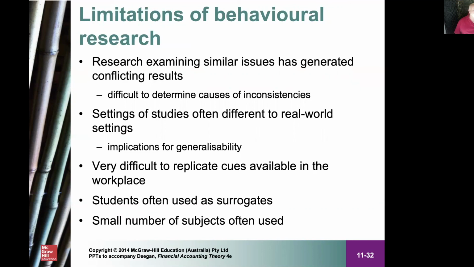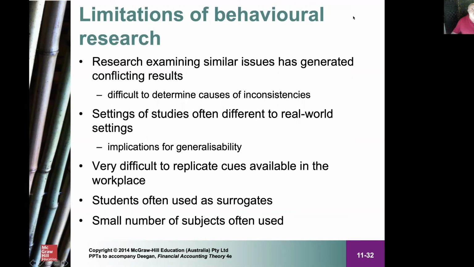It's very difficult to replicate cues available in the workplace. Students are often used in place of professionals because it's hard to get people involved in a project like that, but students might receive some sort of small payment which would entice them. And in a lot of this research, there's a small number of subjects used.